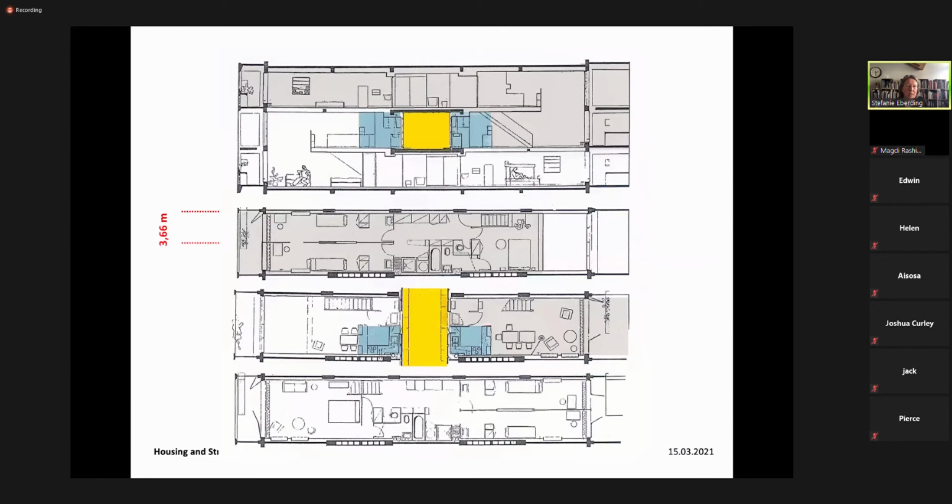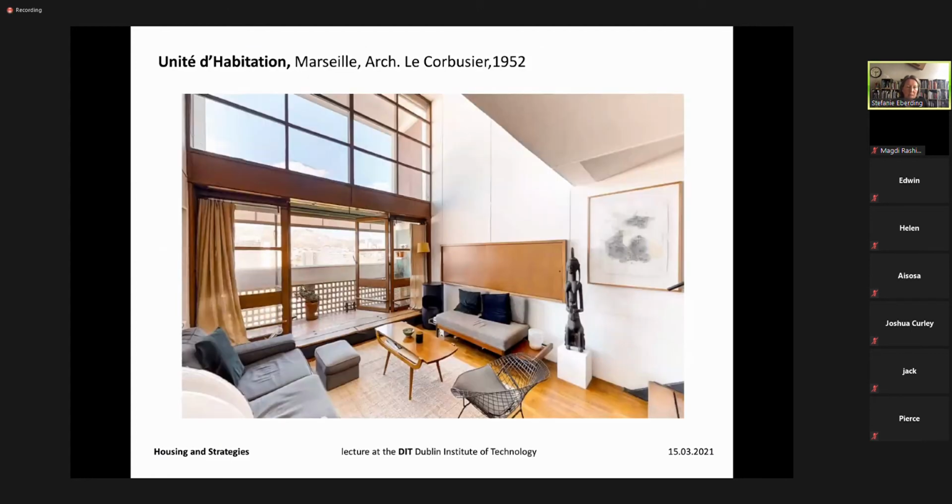You can see it here again in section and in plan. It has a really narrow sizing of the apartment, 366 based on the modular typology, and it's 20 meters deep, the whole structure.